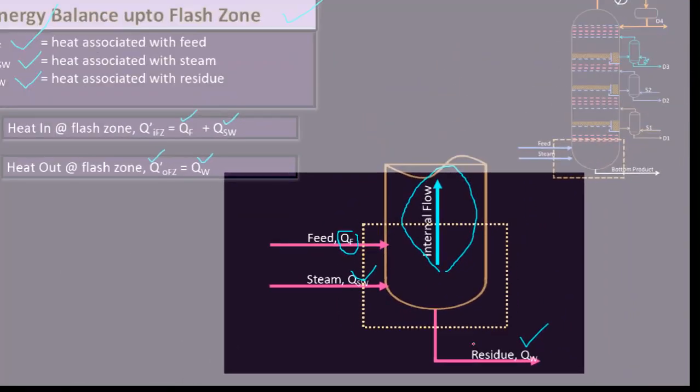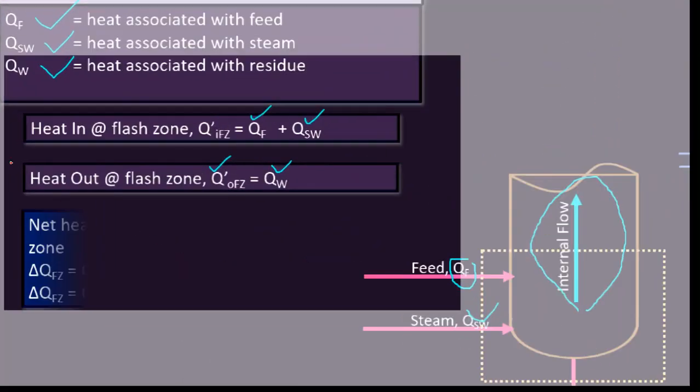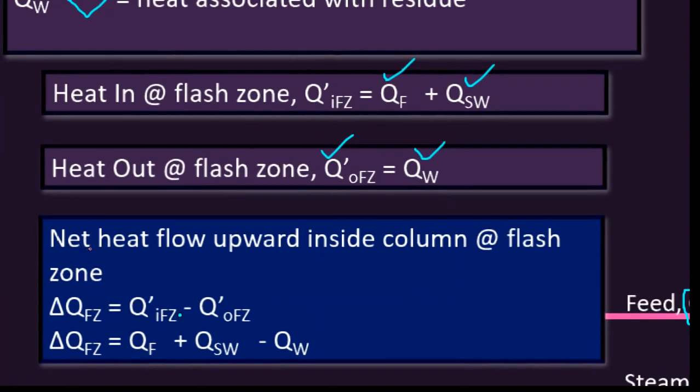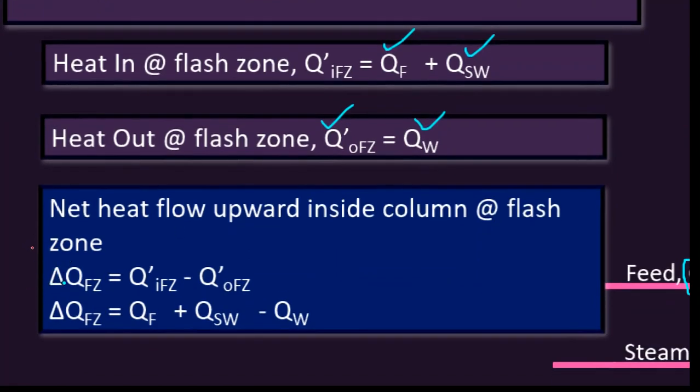If you know these two values, the net heat flow upward inside the column, delta QFZ, is the difference between the heat in and the heat out at the flash zone. The heat in is QF plus QSW, minus QW.